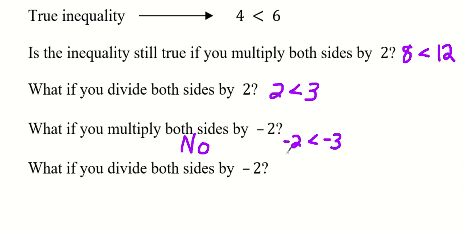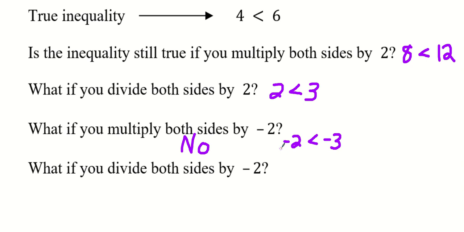And why is that? Well, it's just how negative numbers are. What's bigger, 10 or 1? Well, 10 is bigger. But if I made them both negative and said, which one's bigger, -10 or -1, you'd have to say -1.